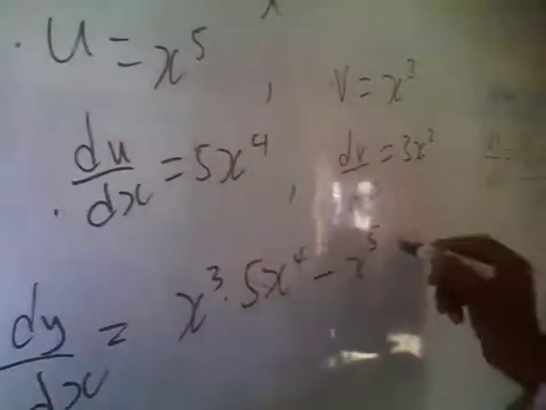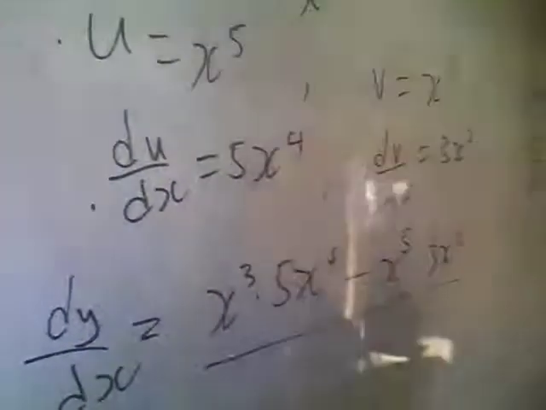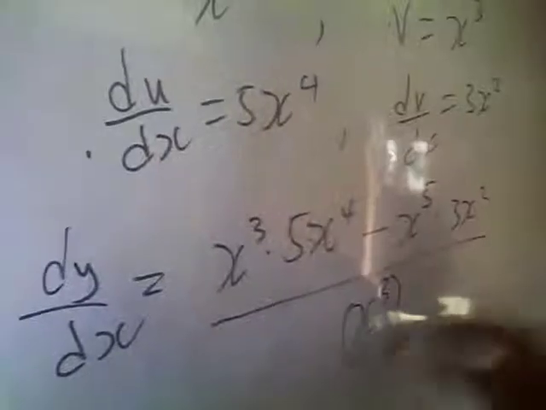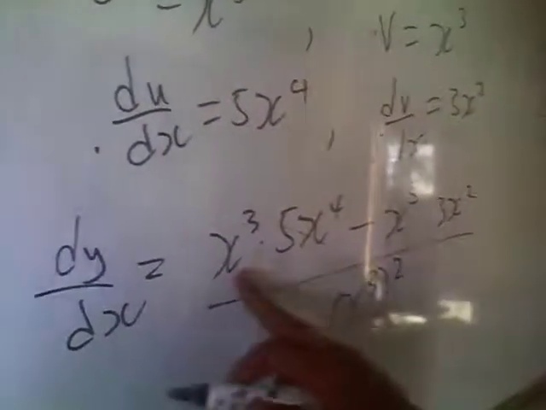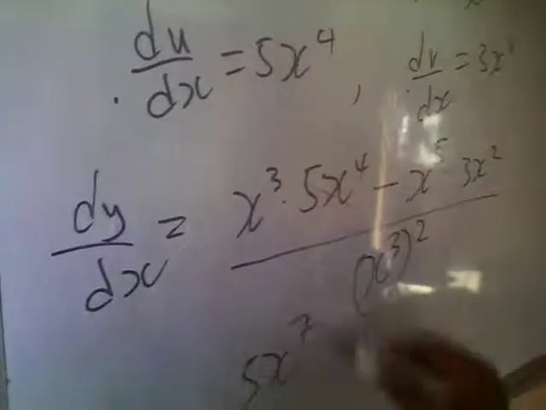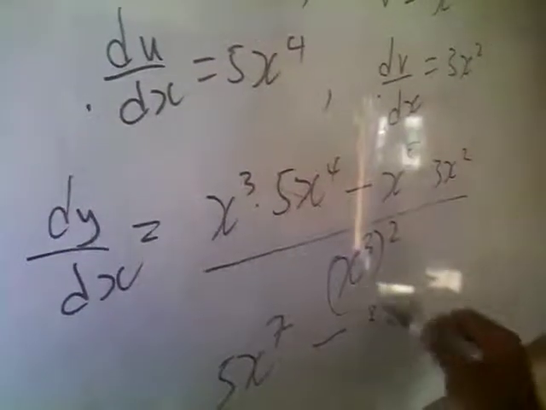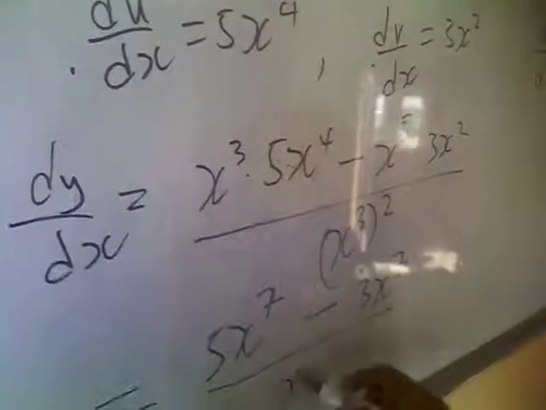Our dv dx is 3x squared. Then everything all over v squared. Our v is x cubed, so x cubed squared, that's v squared. Now we have x cubed times 5x to the power 4, that's 5x to the power 7, minus x to the power 5 times 3x squared, that's 3x to the power 7, all over x cubed squared, which is x to the power 6.